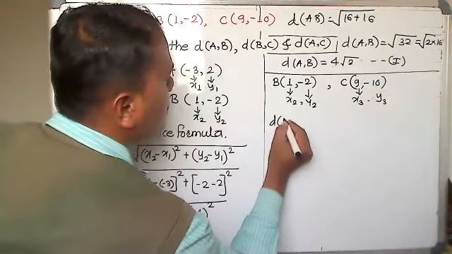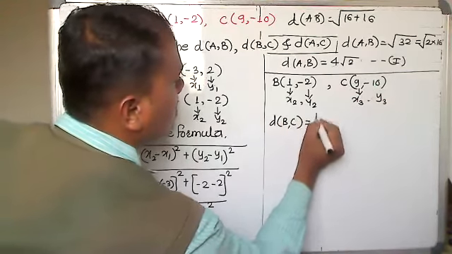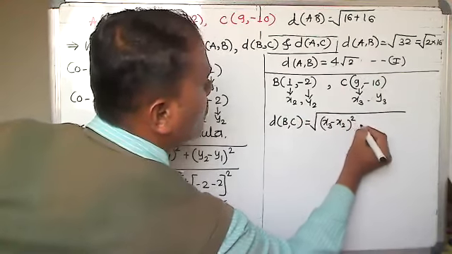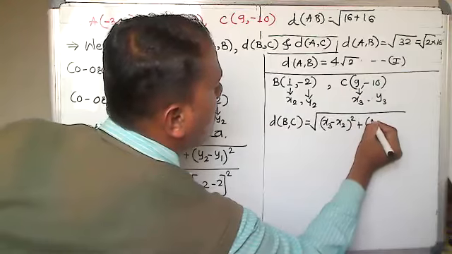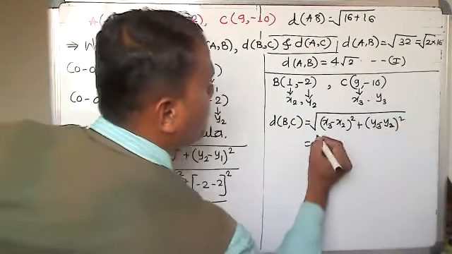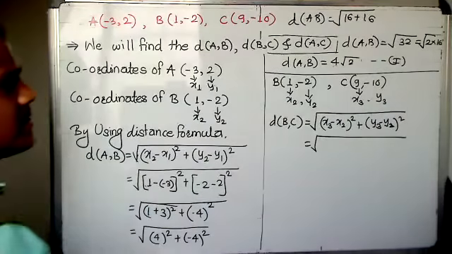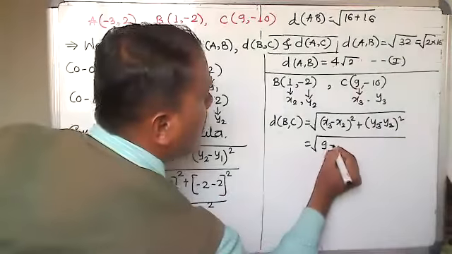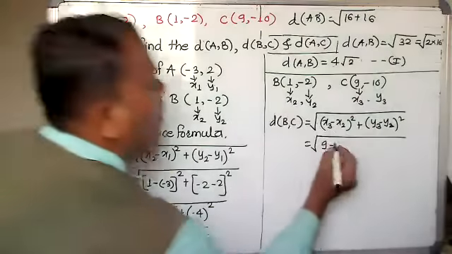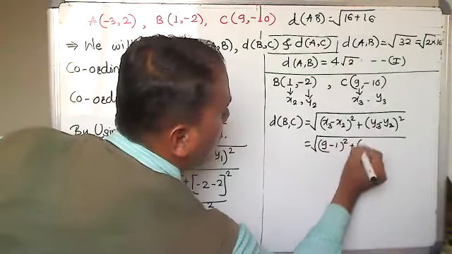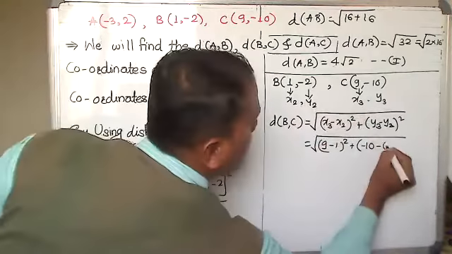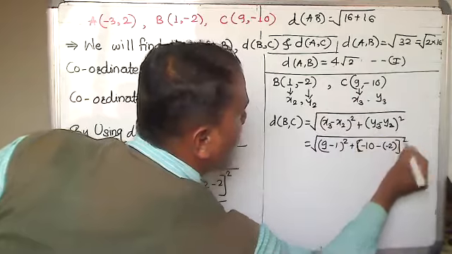Now, distance BC is equal to square root of (x3 minus x2) whole square plus (y3 minus y2) whole square. So value of x3 is 9, minus value of x2 which is 1. (9 minus 1) whole square plus value of y3 which is minus 10, minus value of y2 which is minus 2, whole square.